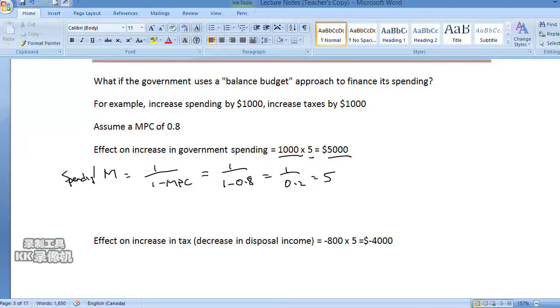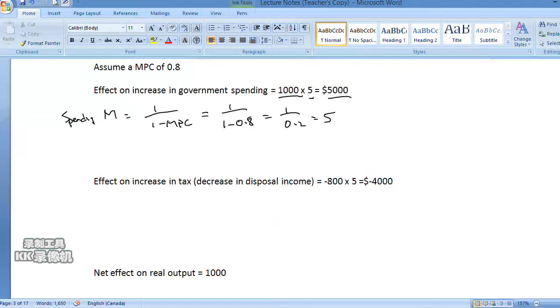How about the effect on the increase in tax? So the key is this initial decrease in consumption is going to be, first of all, negative 1,000 from the tax, times the MPC, which is going to be negative 800.